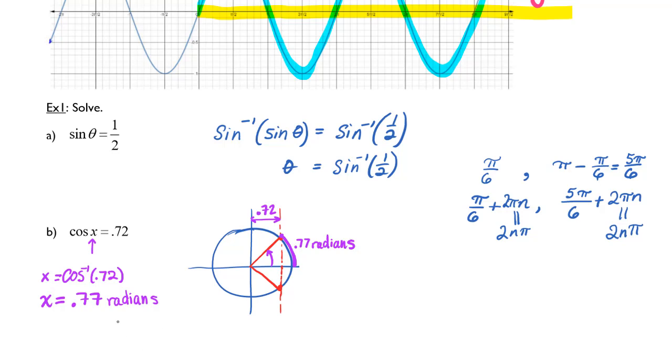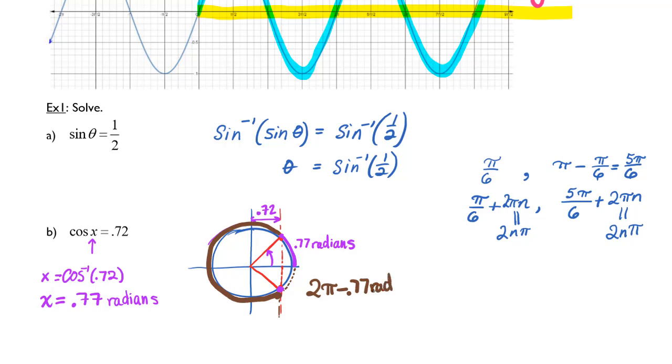And now I need to figure out if that's the only point. Think about how you would represent the other point down here in radians. I know that the entire distance around this unit circle will give me 2 pi radians. So if I want to figure out how to represent the distance to this other value in the fourth quadrant, I can say 2 pi minus 0.77 radians.